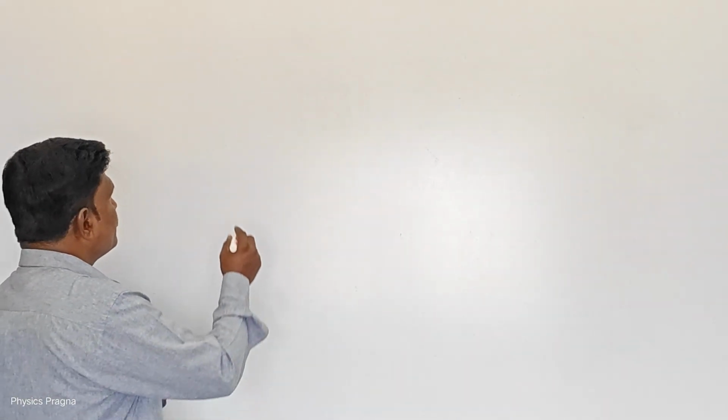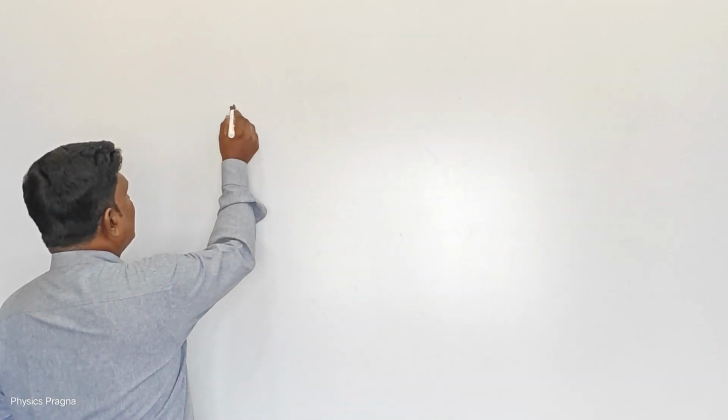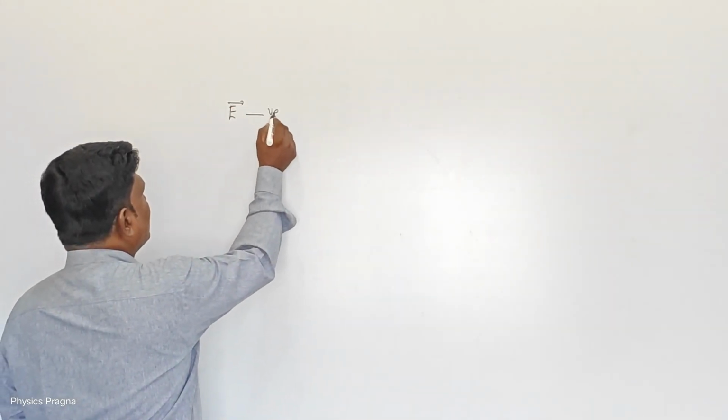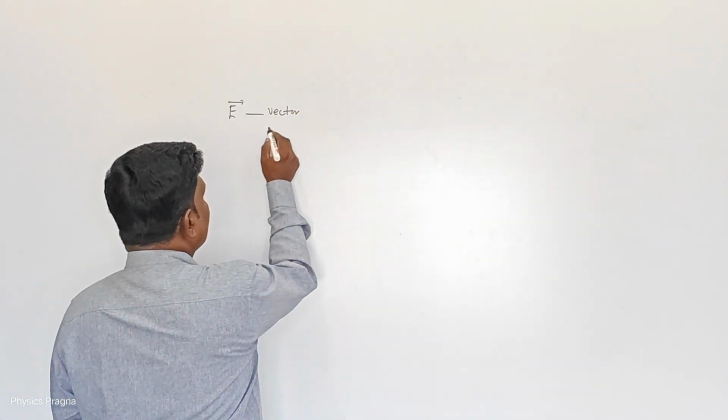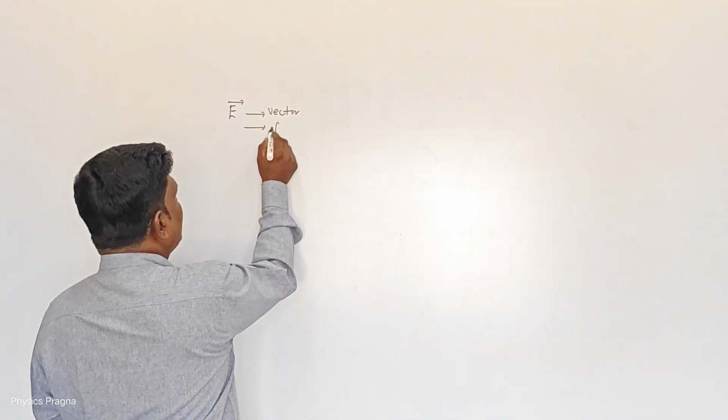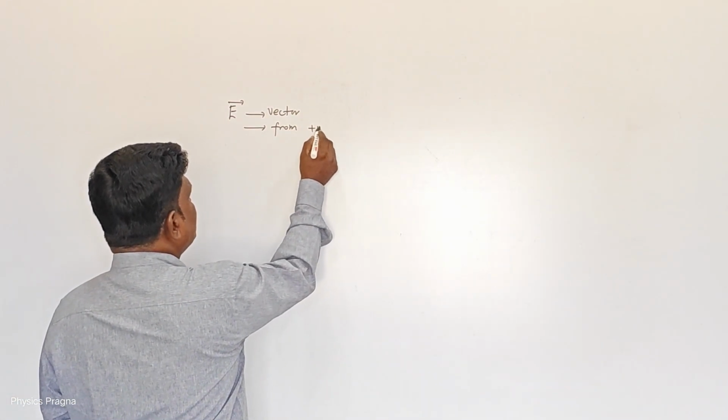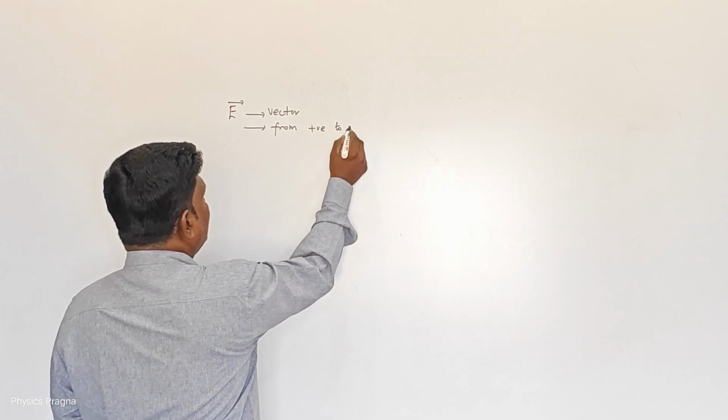The electric field is a vector quantity. So the direction is from positive to negative.